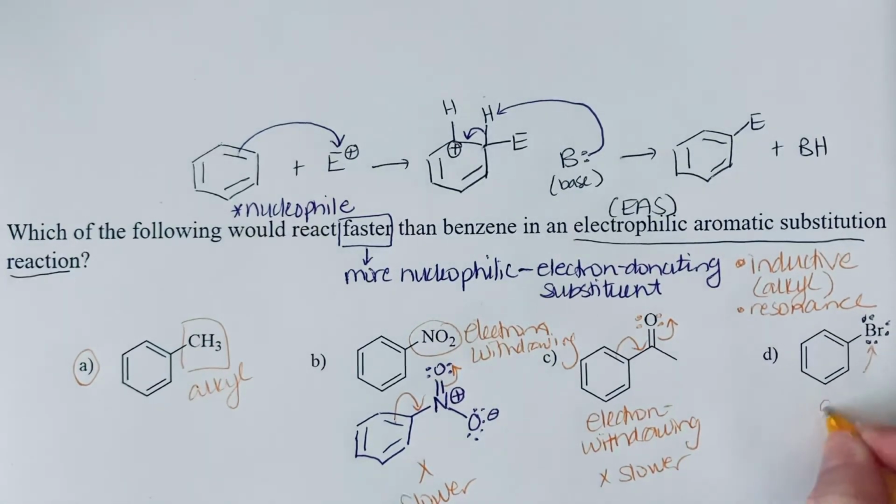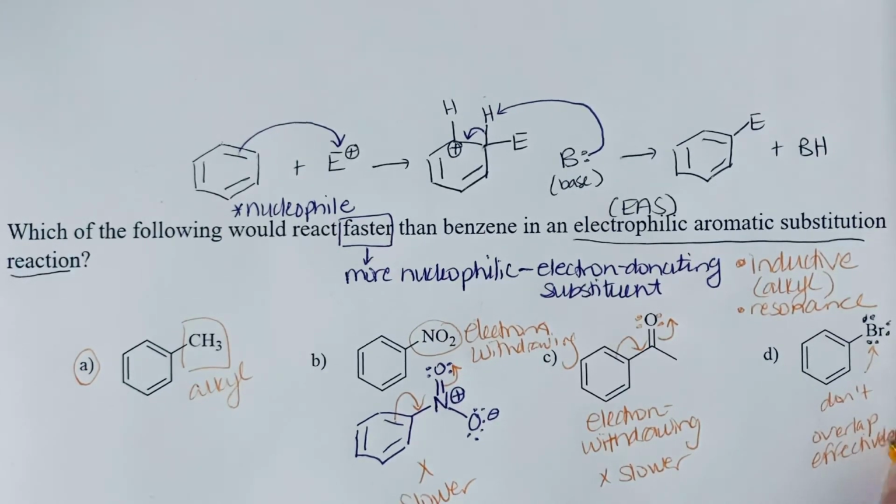So these don't overlap effectively. So you don't have resonance. What you have is a slight electron withdrawing through induction. So this is electron withdrawing through induction, so this would also react slower.